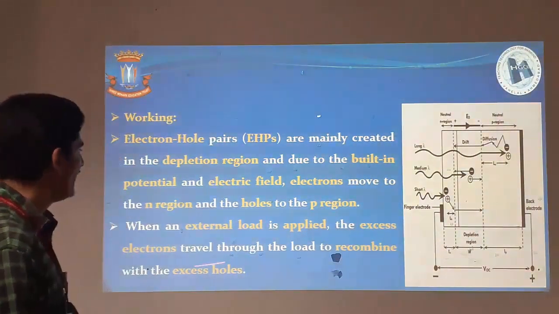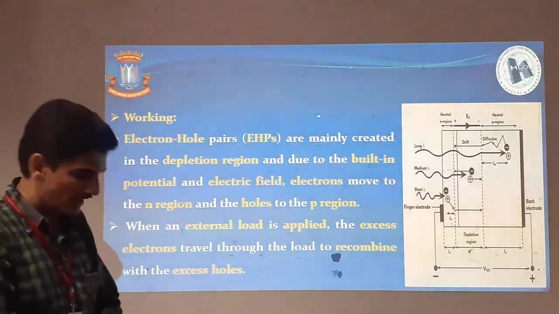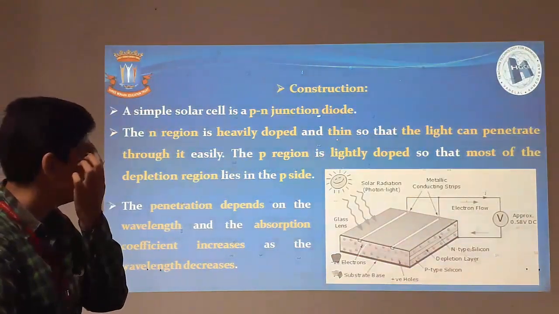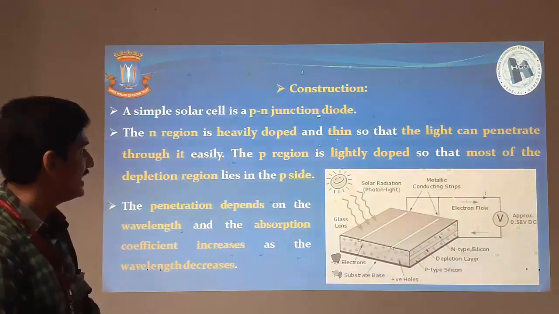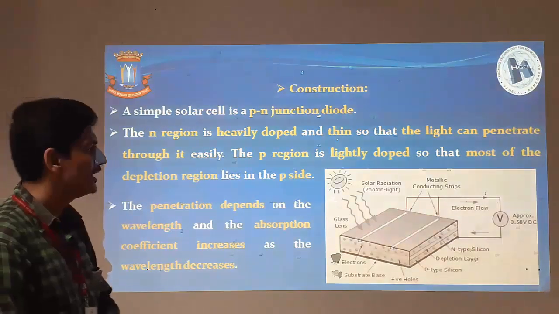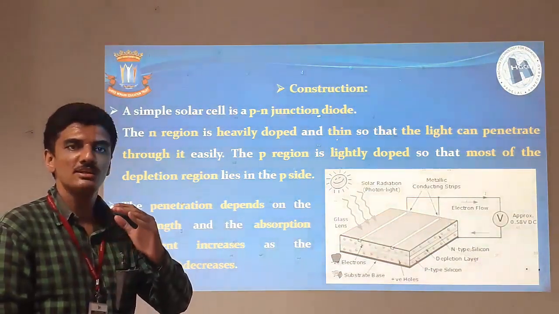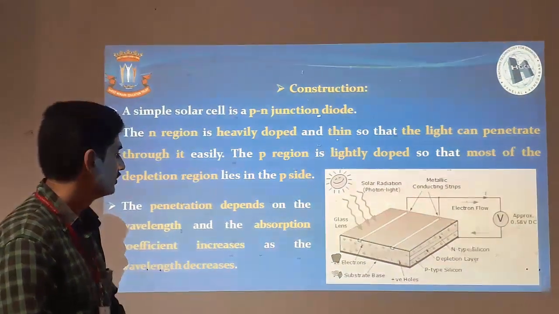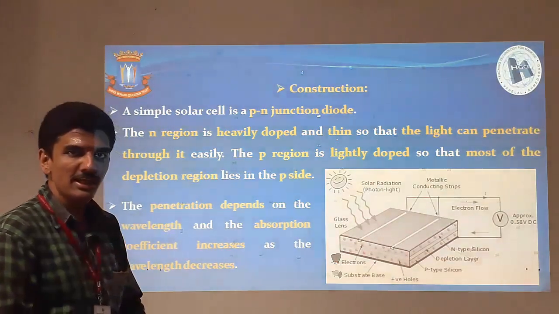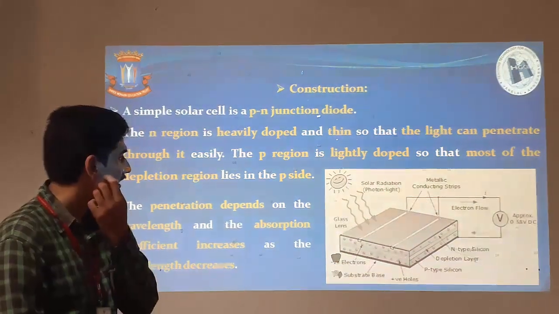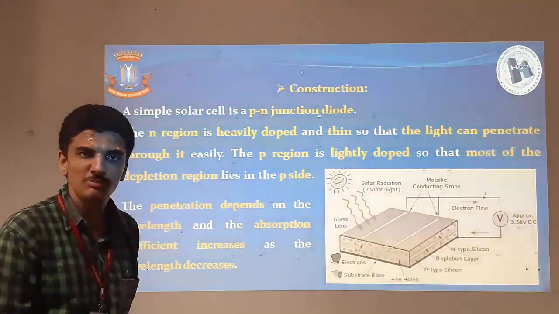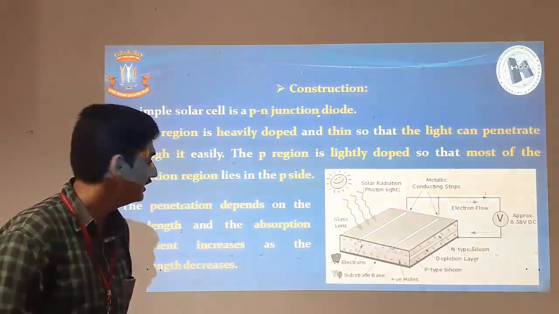Moreover, when the external load is applied, in this figure you can see some external load is maintained, where the metallic coupling strips have also been utilized in order to maintain the load, which is the impedance also. So there are electrons in the N-type region and positive holes, and this is the condition after the solar radiation has been incident on this glass lens that you may have seen in the solar panel.